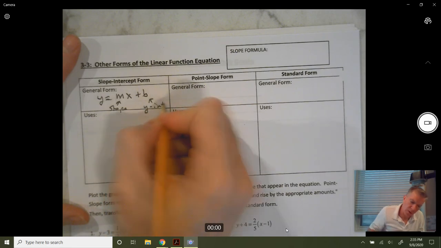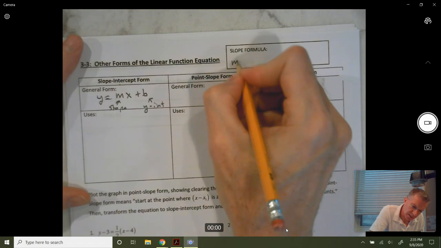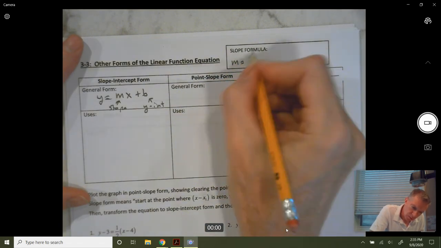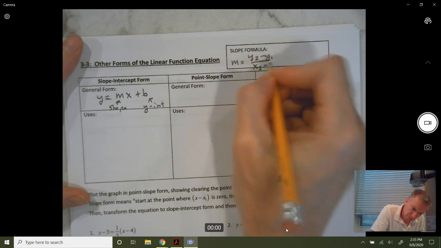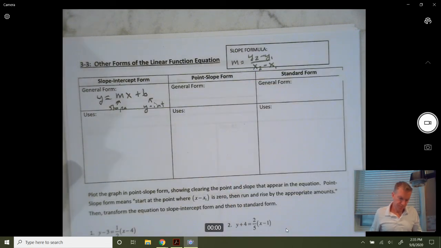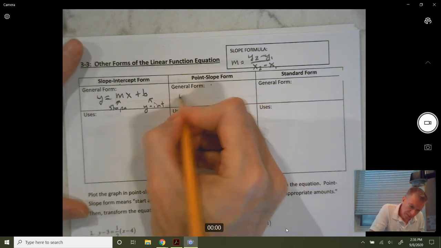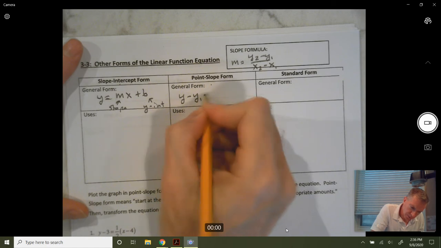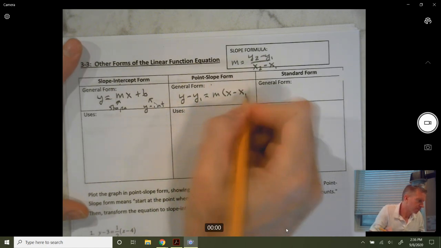That's where you cross the y-axis. Slope formula, once again, is rise over run, y2 minus y1 over x2 minus x1. Point slope form looks like this. Y minus y1 equals your slope times x minus x1.